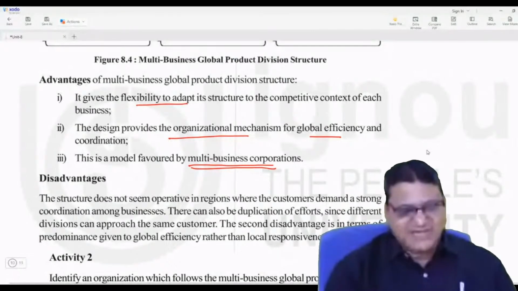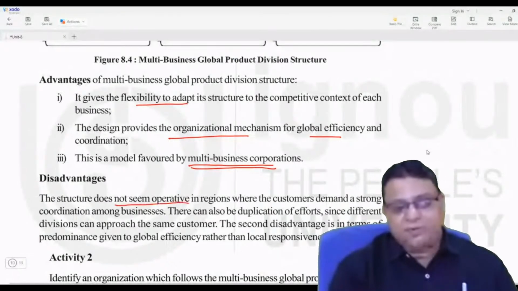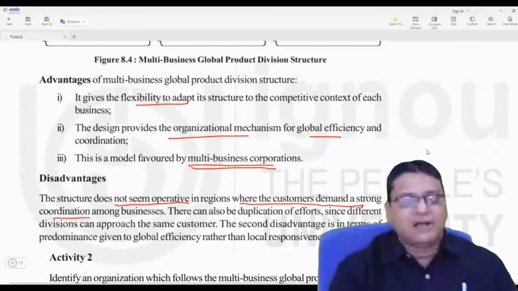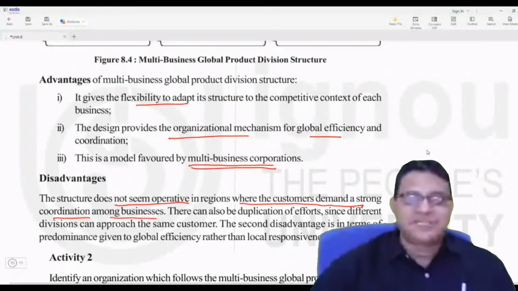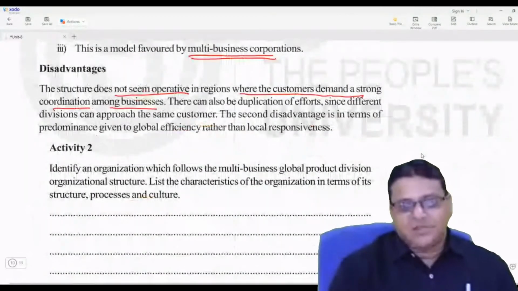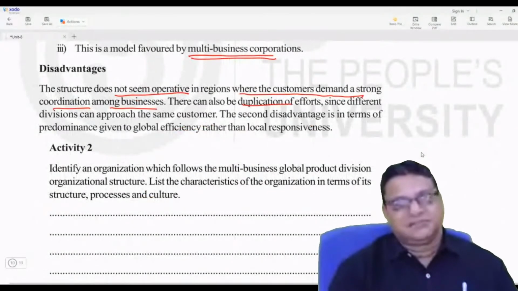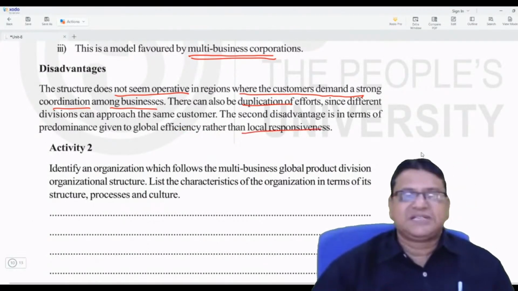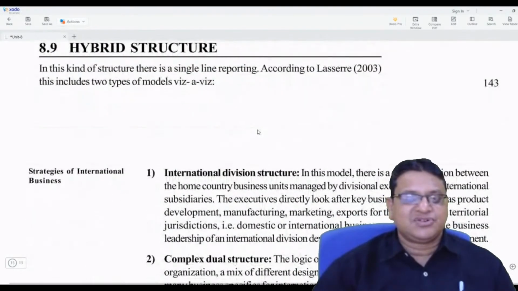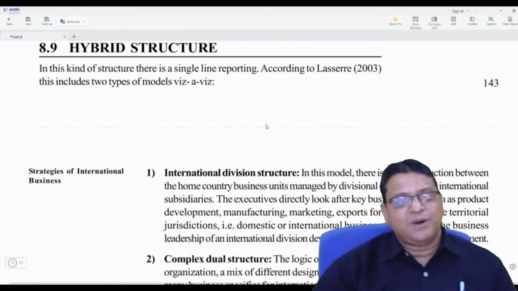What are the disadvantages? This strategy does not operate well in regions where customer demand is strong and coordination among the businesses is required. There will be much more duplication. There will be much less local responsiveness in this particular structure. These are the demerits.